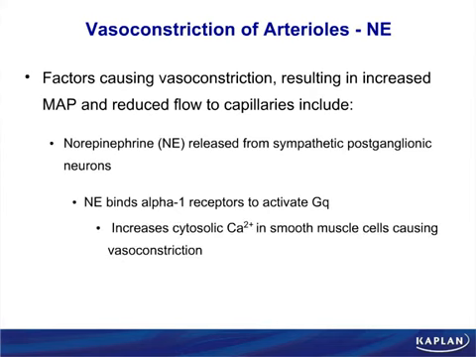Do you remember the signal transduction for alpha-1? Very good. I hope you said Gq. Gq, IP3, releases calcium. Gq, the best dressed of all the G proteins. So norepinephrine binds alpha-1, activates Gq, vasoconstriction, that makes upstream pressure go up, reduces flow to the capillary.